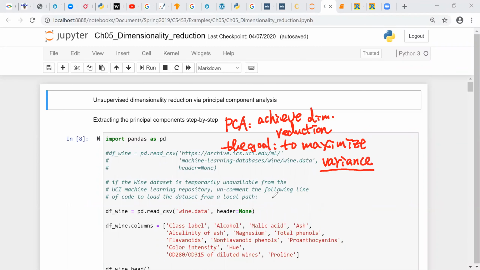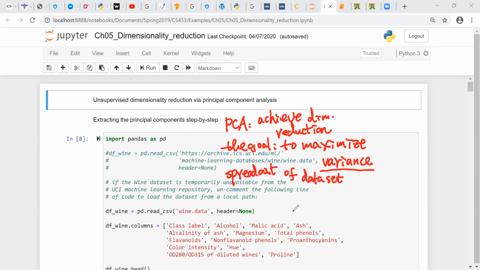Variance, generally speaking, regarding our data set, is about the spread of the data.